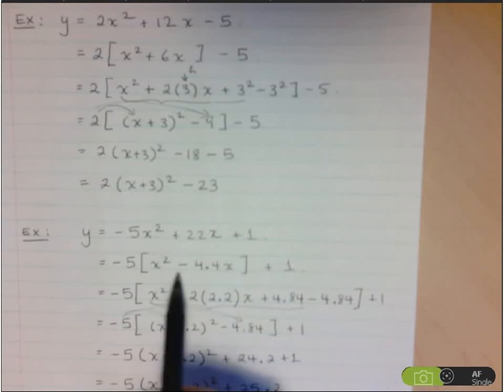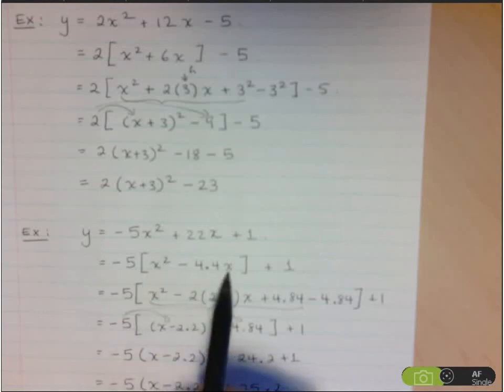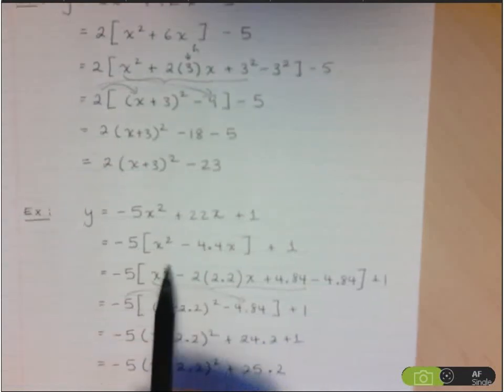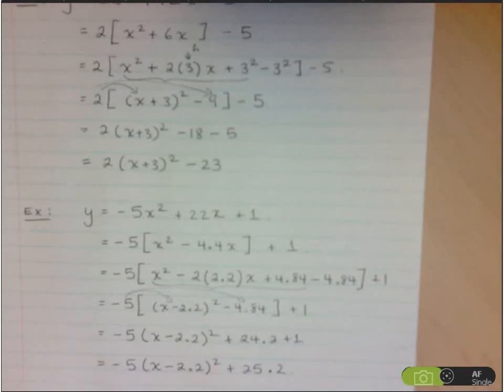Then, with what's left of the first 2 terms once you've factored out the a value, you complete the square as we did before. So give a few of these a try, and again, this is a process. It's always the same thing. There's no creativity involved. It's just about following the process.